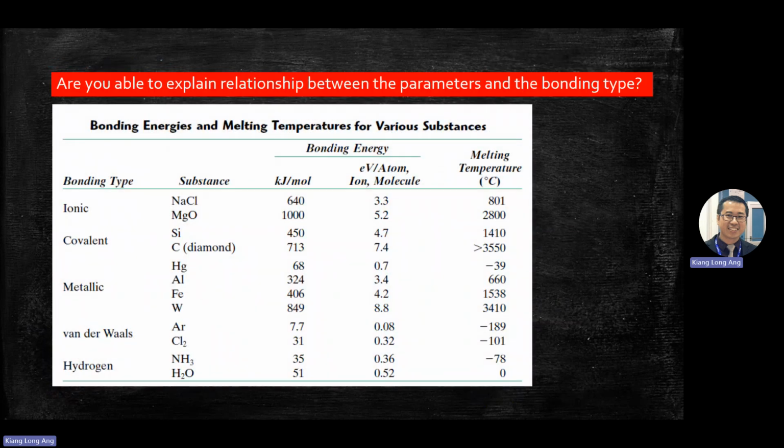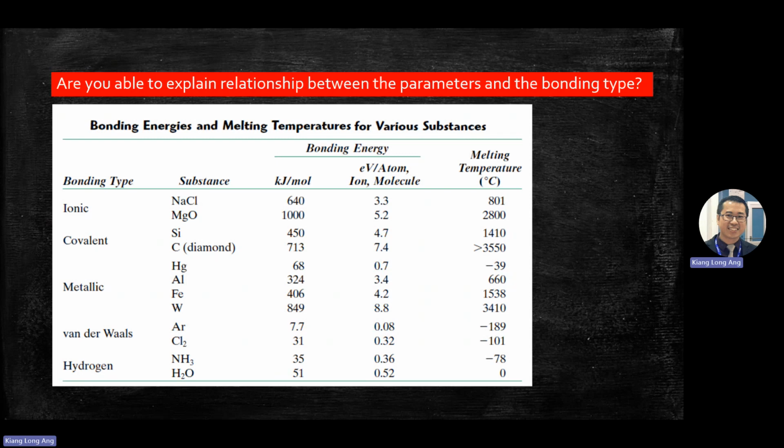So your homework is to look at this diagram and explain the relationship between the parameter and bonding type. For example, ionic, covalent, metallic, van der Waals, hydrogen. Why is the energy different from ionic to covalent, and why does the temperature change from 800 to, for a certain element or bonding type, jump to 3000?